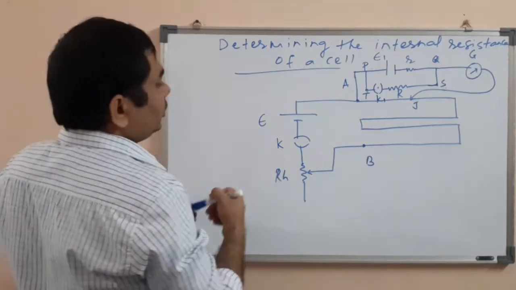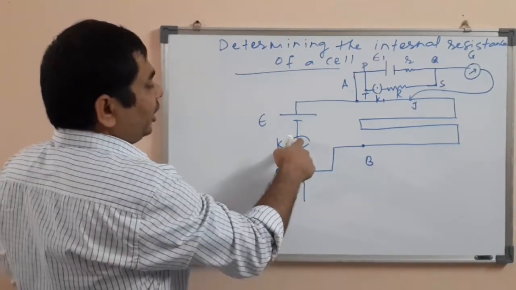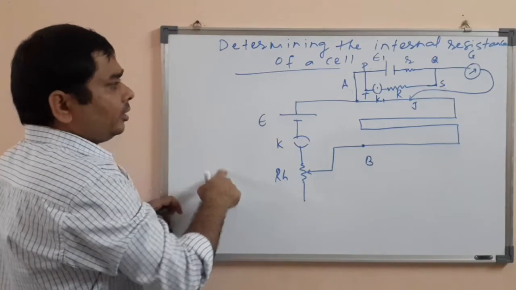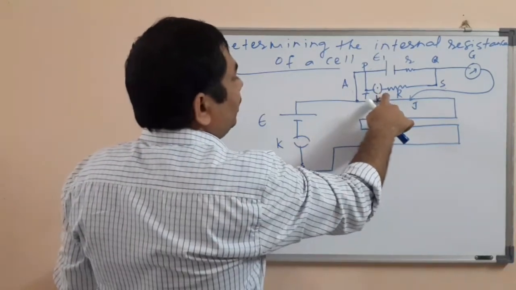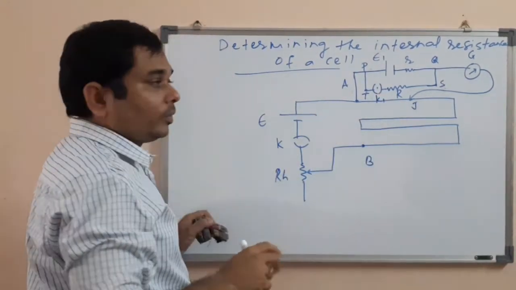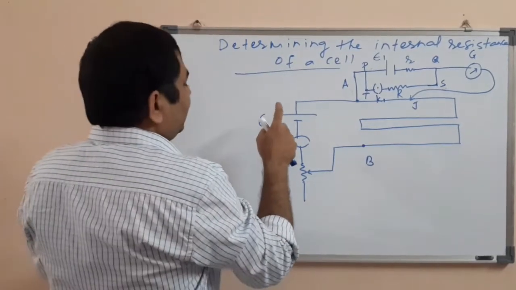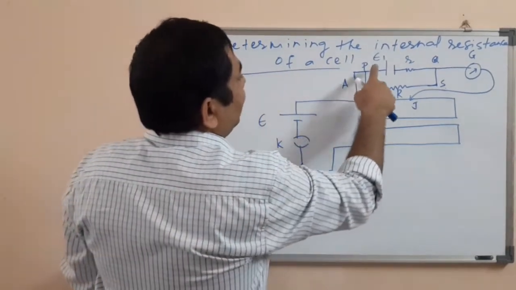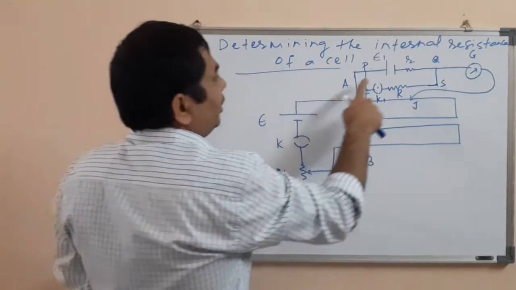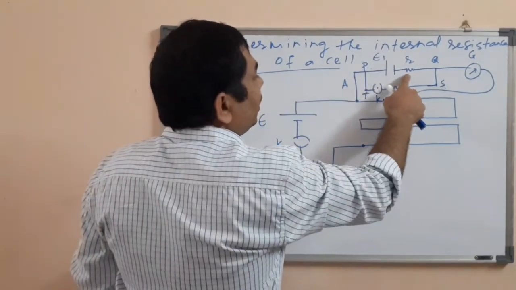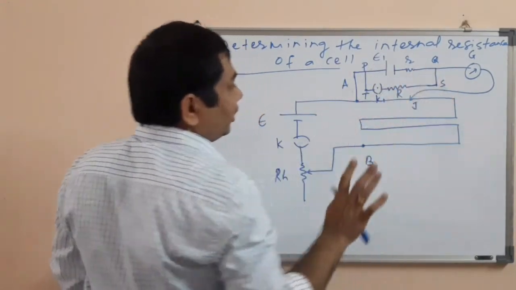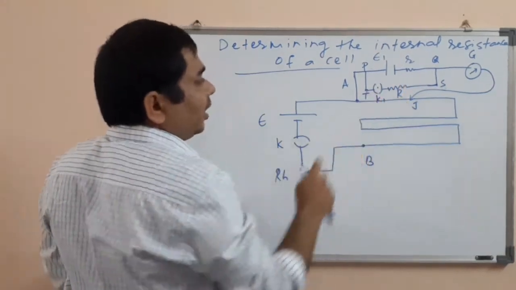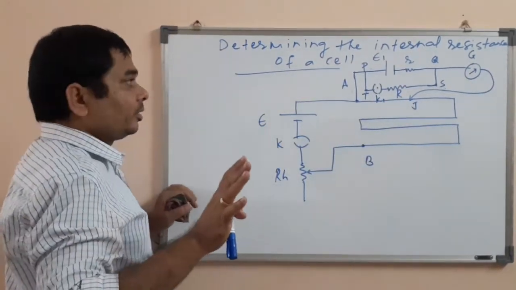Now what we do is, we will close this key K and we will keep this key K1 open. So cell E1 and its internal resistance r are in the circuit. This resistance R is not there in the circuit.